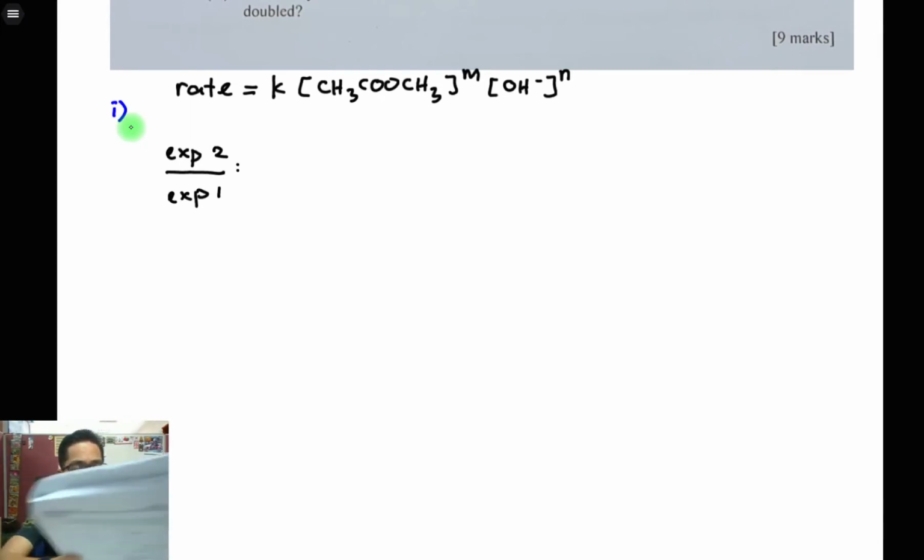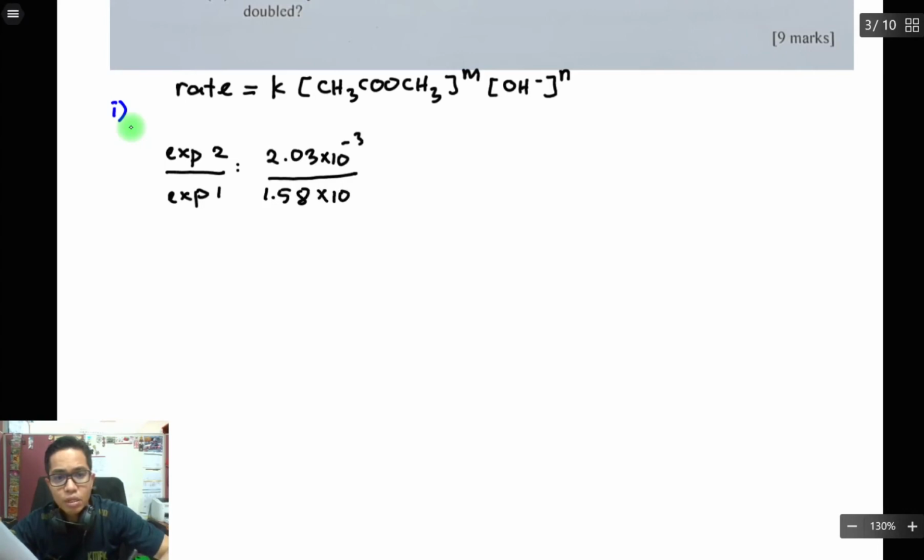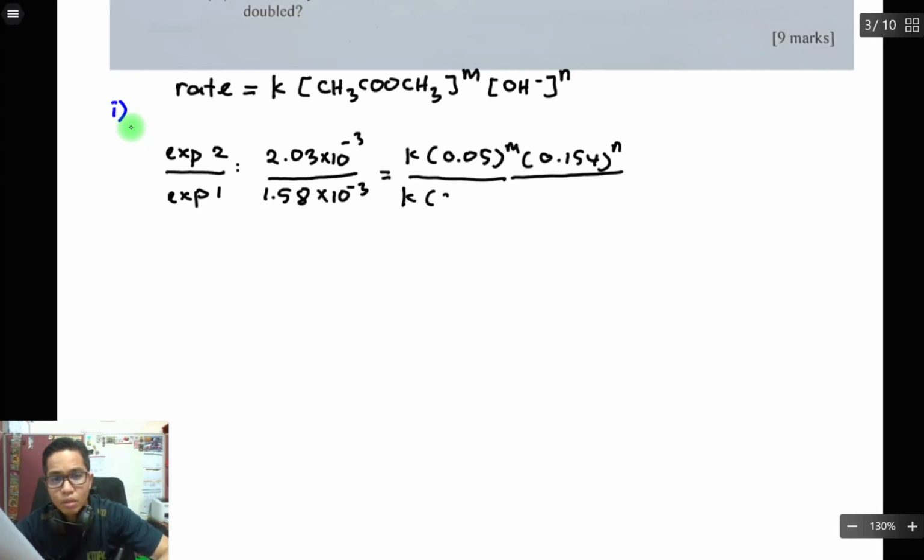The rate for experiment 2 is 2.03 exponent negative 3 divided by the rate for experiment 1, 1.58 exponent negative 3, equal to rate constant k, concentration of CH3COOCH3 0.05 to the power of m times OH minus 0.154 to the power of n, divided by rate constant k, 0.05 to the power of m times 0.12 to the power of n.